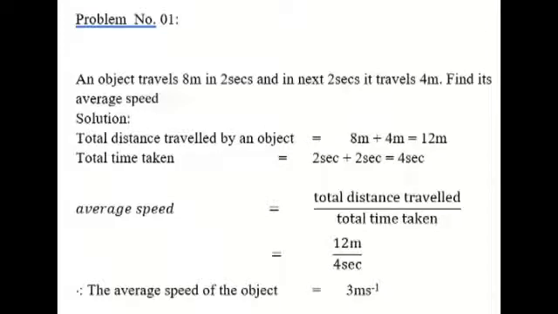Total time taken equals 2 seconds plus 2 seconds equals 4 seconds. We know that average speed equals total distance traveled by total time taken, that is 12 meters by 4 seconds. Therefore, the average speed of the object equals 3 meters per second.